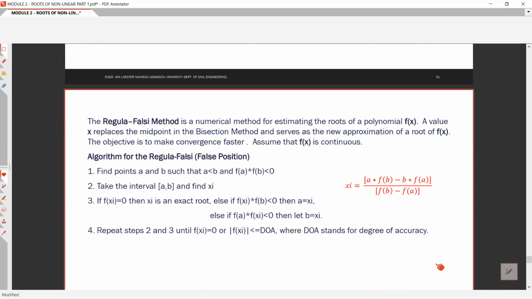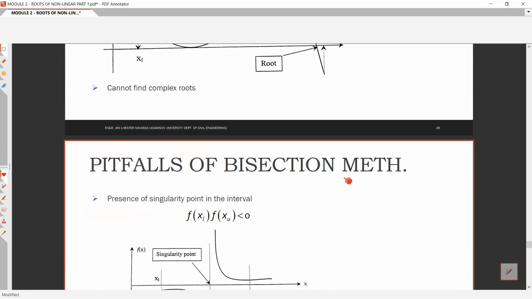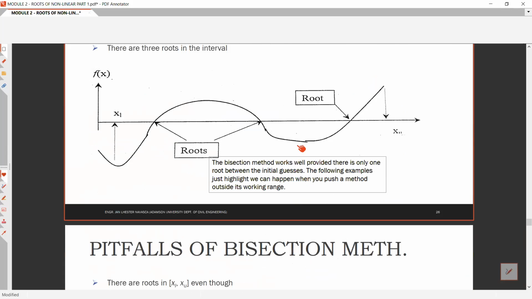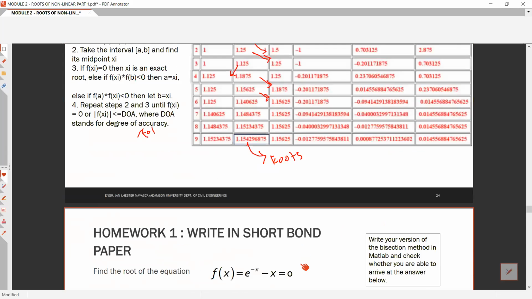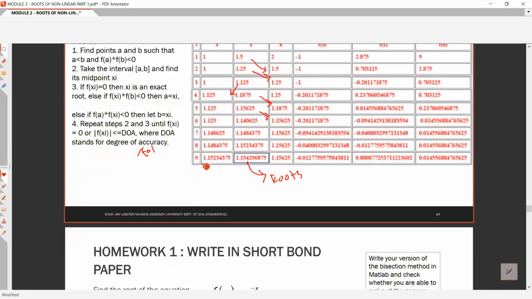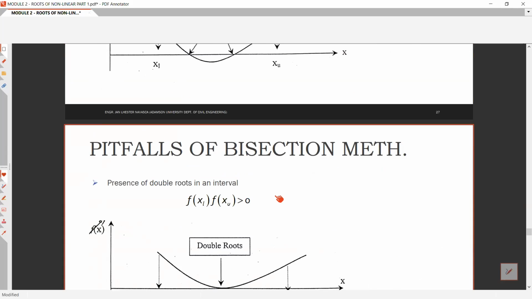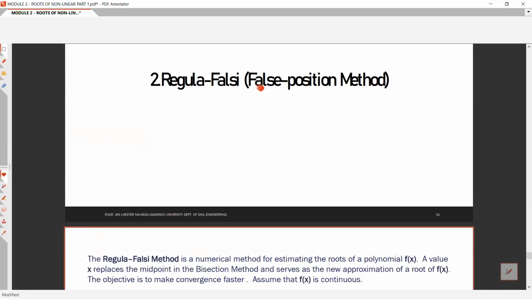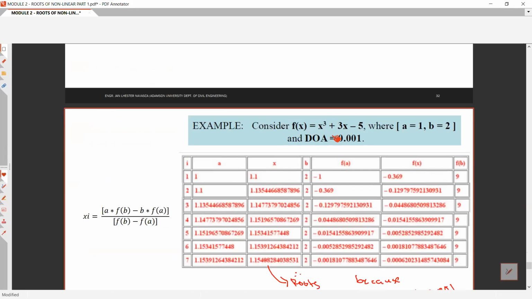Okay? While sa bisection method, you have 9 iterations. So 9 iterations, doon niya lang nakuha yung roots. So medyo mas mabilis yung regular falsi in that function, x cubed plus 3x minus 5.